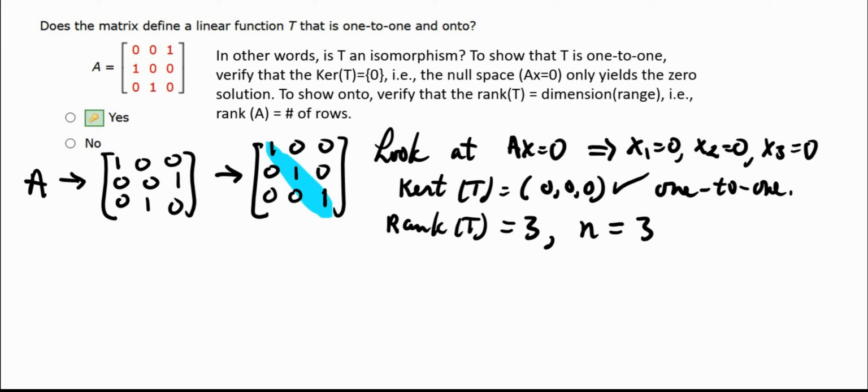So we said that if those numbers are the same, then the transformation is indeed onto.